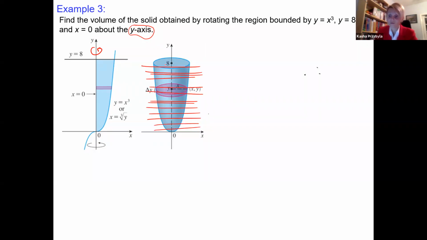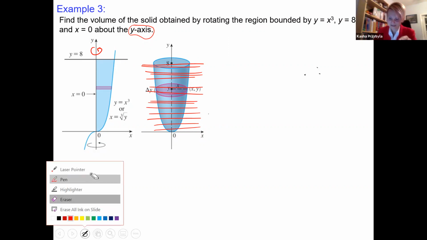That's how you can always think: whichever axis you're slicing along, we're integrating with respect to that variable. What are the limits of integration? The limits are from 0 to 8. Perfect, you understand.